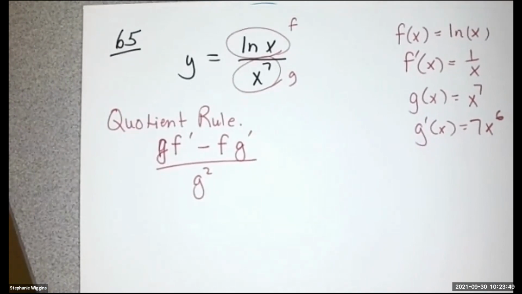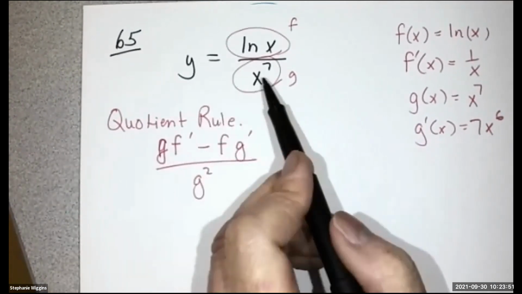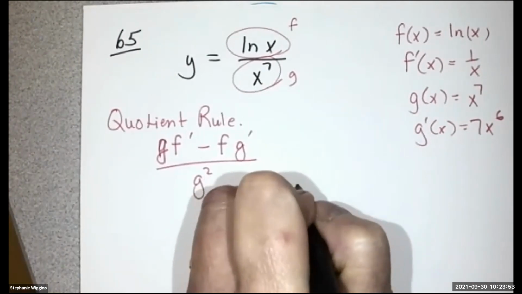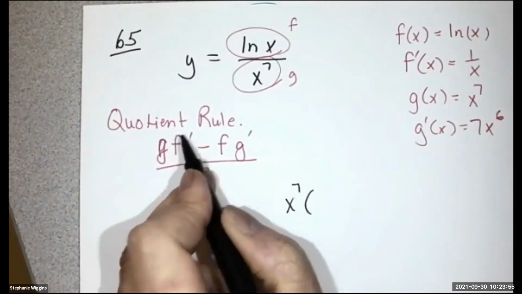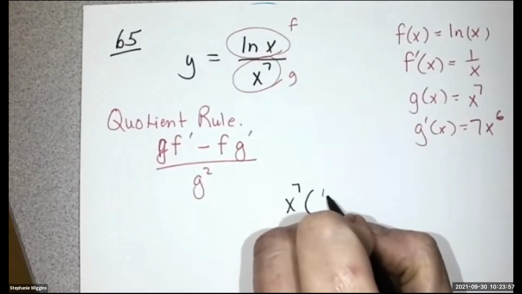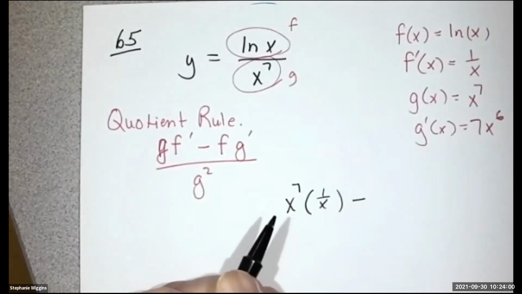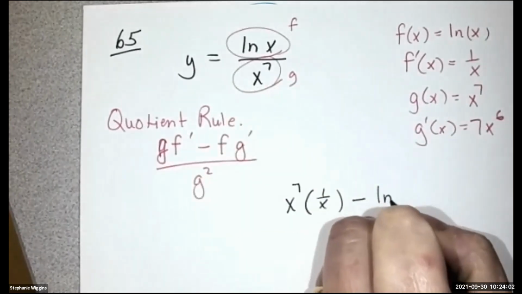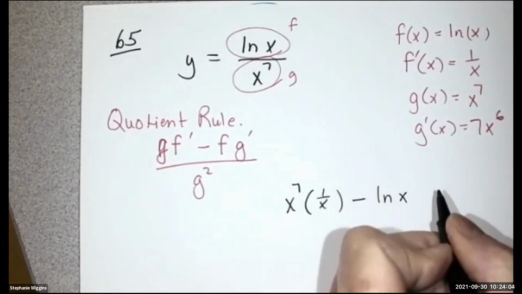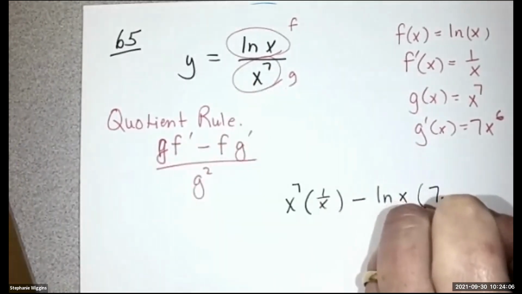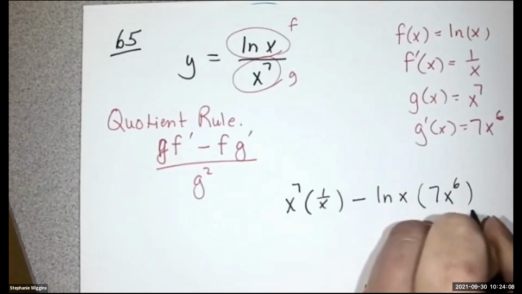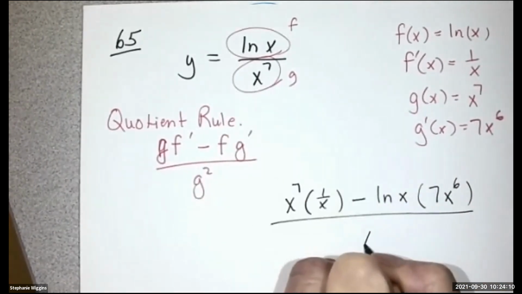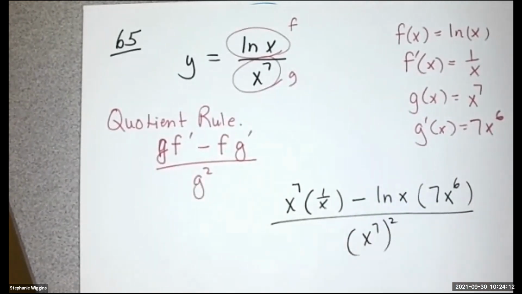So applying that rule for this problem, I'm going to have x to the 7th, that's the bottom function, times the derivative of the top, which is 1 over x, minus the top function, which is the natural log of x, times the derivative of the bottom, which is 7x to the 6th, all over the bottom function squared.